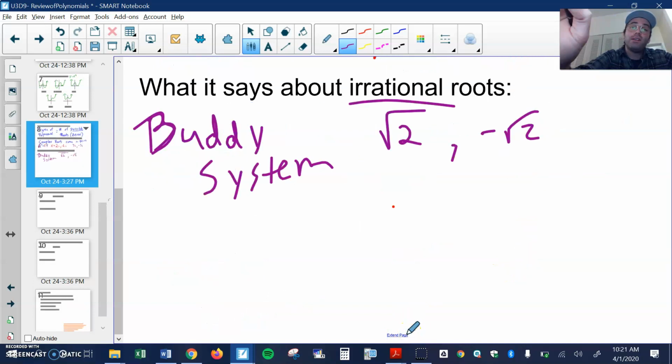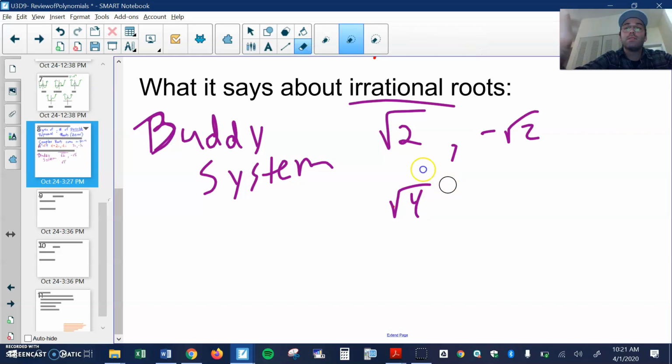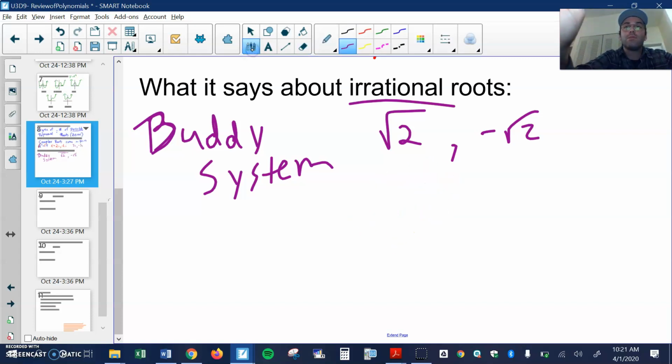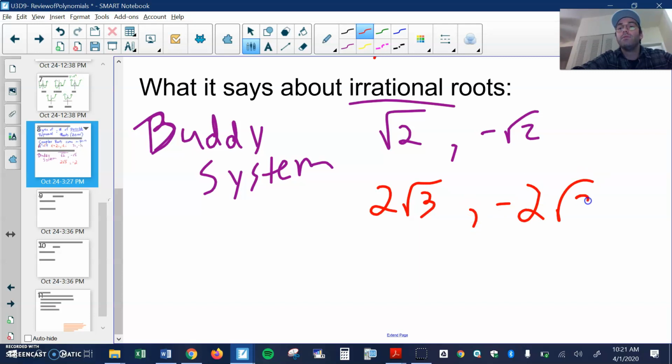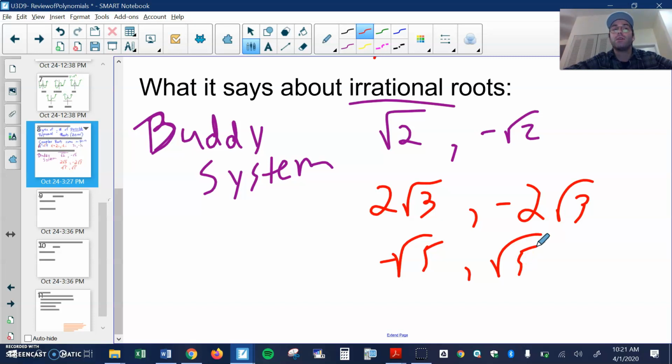If I give you root 4, well, that's a perfect square, so that's a bad example. How about this? I'll make it a little more complicated. If I gave you 2 root 3, then -2 root 3 would also be an answer. If I gave you negative root 5, then positive root 5 would also be a root.